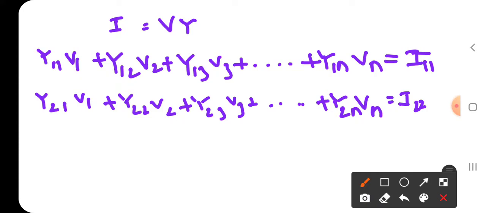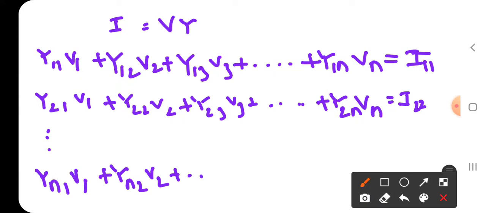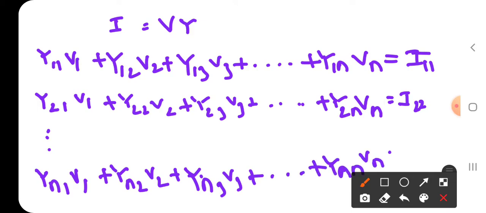And similarly, if I apply the KCL at node n, then it will be yn1 V1 plus yn2 V2 plus yn3 V3 plus so on plus ynn Vn like this. This is equal to INN.